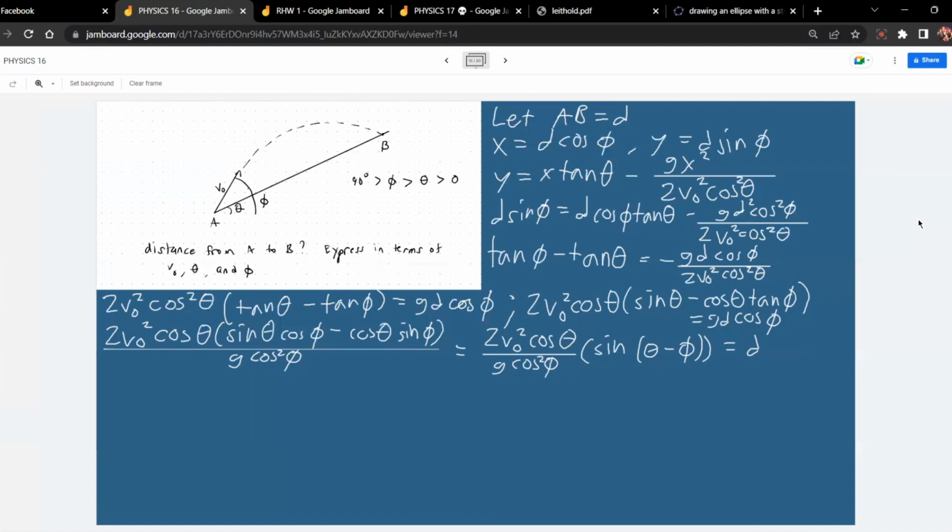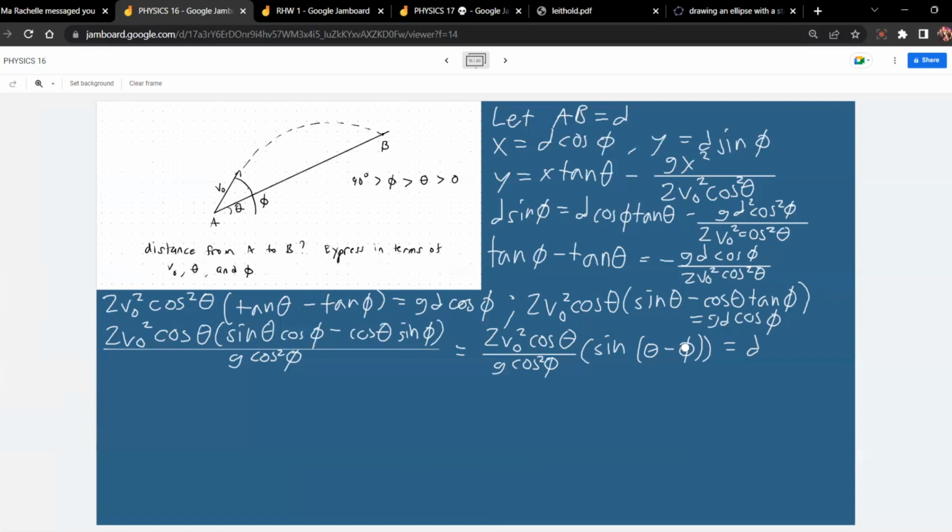Bakit may cosine squared of phi ka? Saan ang galing yun? So, nag-divide ka na ng GD cosine phi. Sorry, ng G cosine phi.